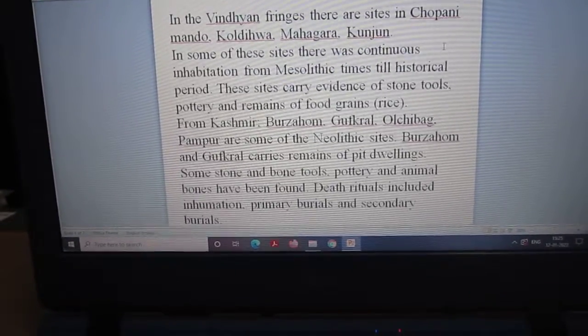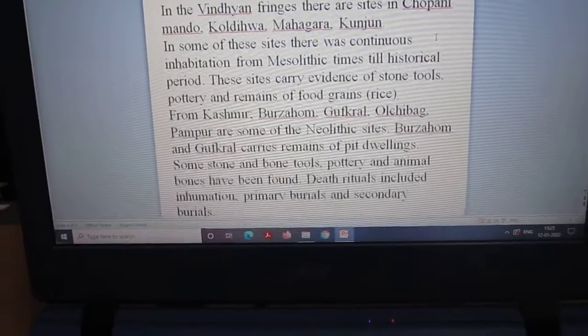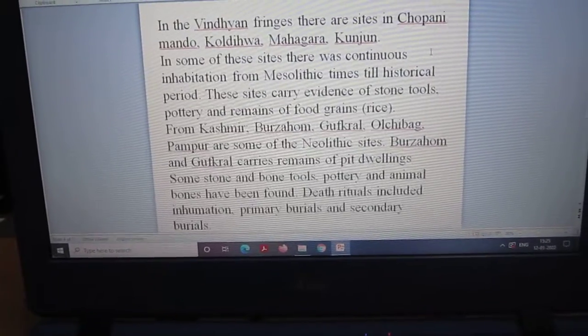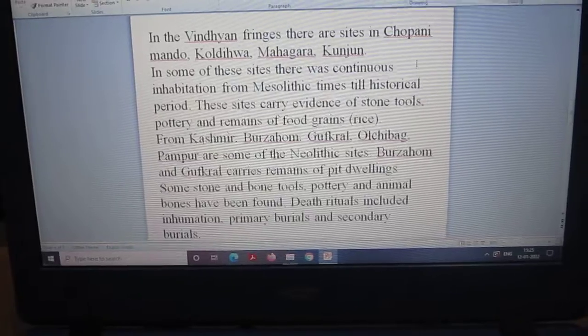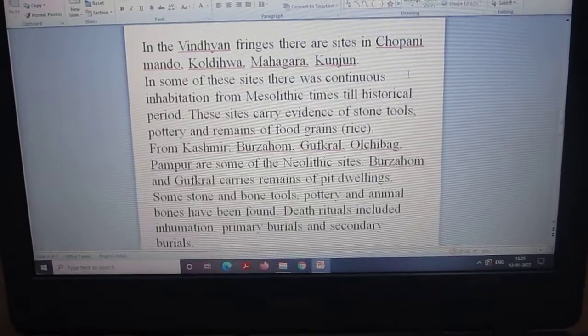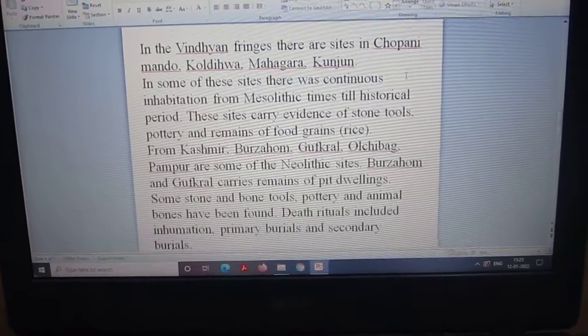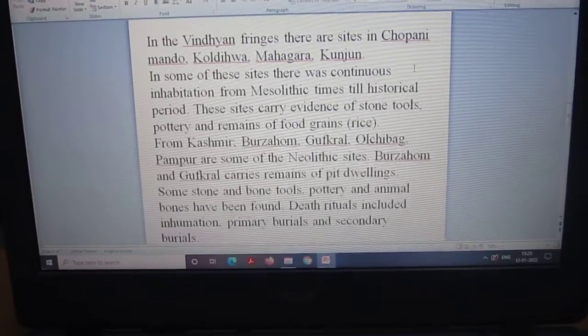In the case of central India, from the Vindhyan fringes, we see some other sites that were in existence in this time, and you have to keep in mind that all these different Neolithic sites in the Indian subcontinent were not necessarily contemporary.